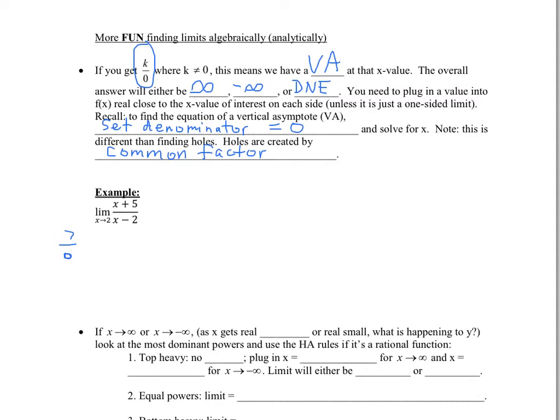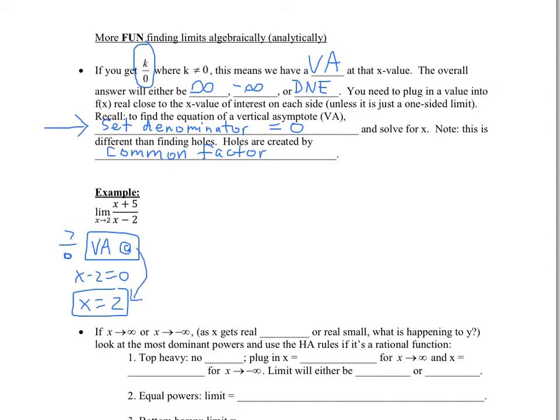If we were to try to find the location of the vertical asymptote, back up here we said that to find the location of a VA, you're going to set your denominator equal to 0. Well, if I were to set my denominator equal to 0 and solve, we would get x equals 2 for the location of our VA. So we would have a VA at x equals 2.